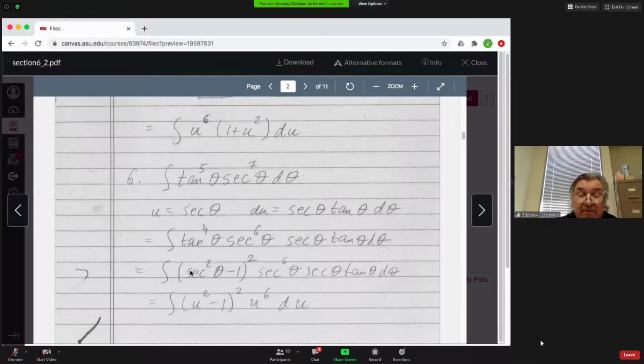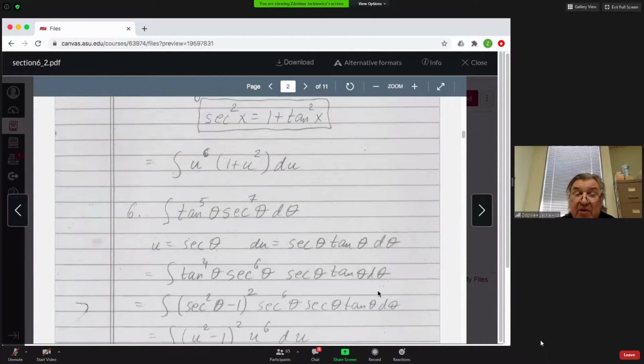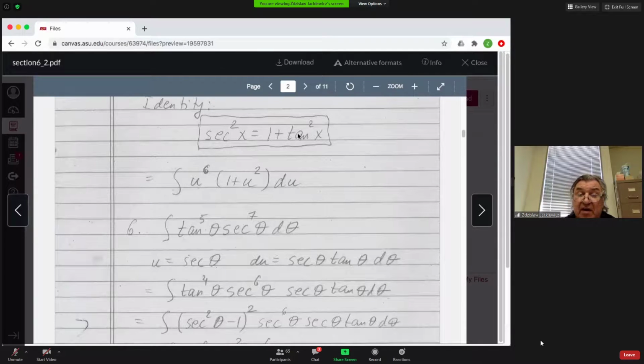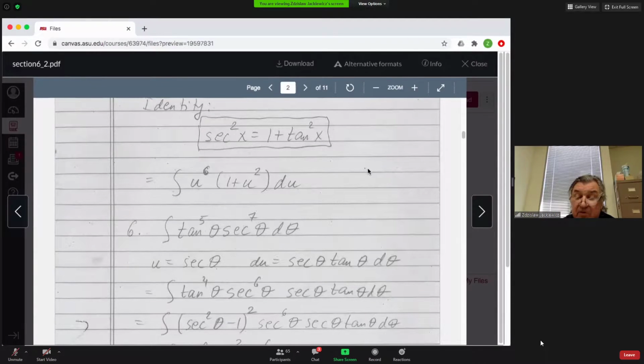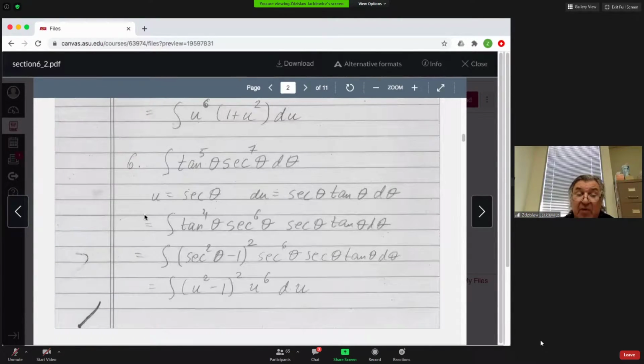And also here, tangent squared theta, you remember, is secant squared theta minus 1. So we are using this identity we had before, but in a different way. Tangent squared theta is secant squared theta minus 1. So using this identity, we have secant squared theta minus 1, that's tangent squared, and then to the power 2, that's tangent to the power 4.